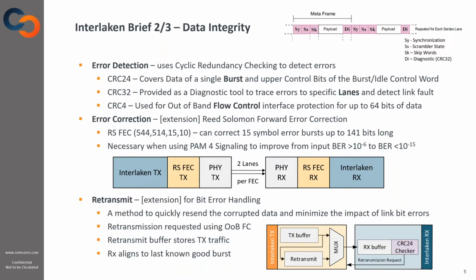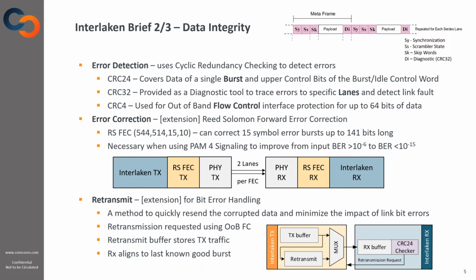And finally, the retransmit, which is a way of Interlaken self-correcting these errors when they occur. If a CRC24 checker indicates that there's an error in a data burst, it will ask the transmitter through the out-of-band flow control for a retransmission.